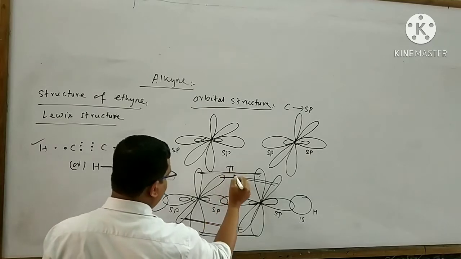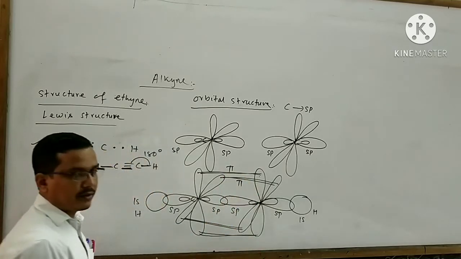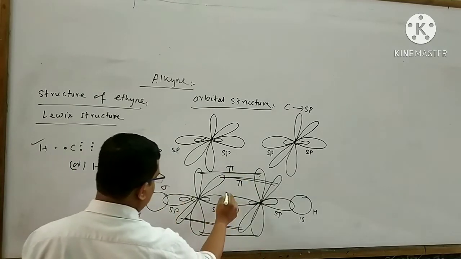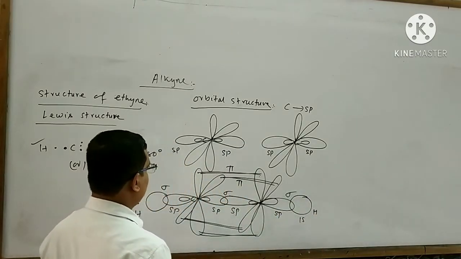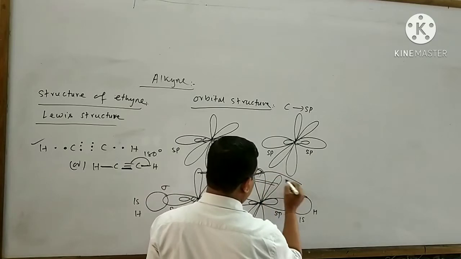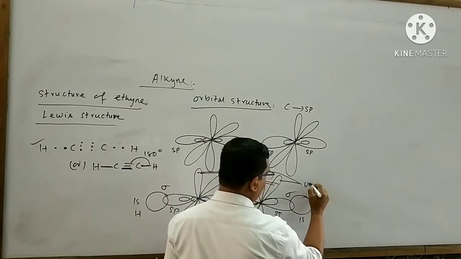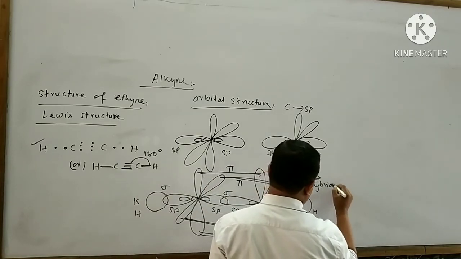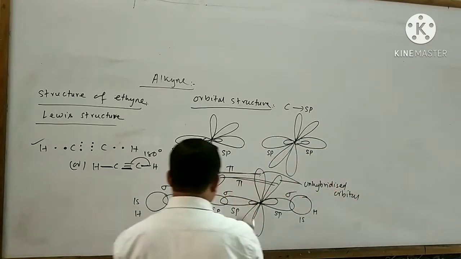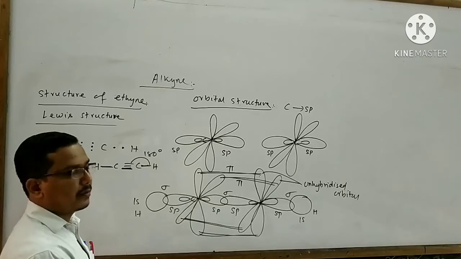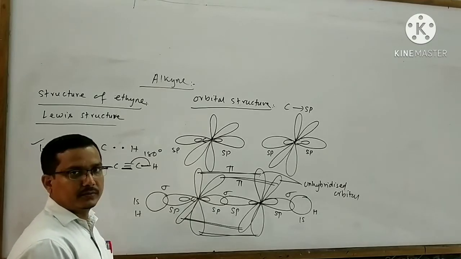This is one pi bond, this is the second pi bond. This is your sigma bond, this is also a sigma bond, this is also a sigma bond. These two orbitals are called unhybridized orbitals. This is the orbital structure of the ethyne molecule.